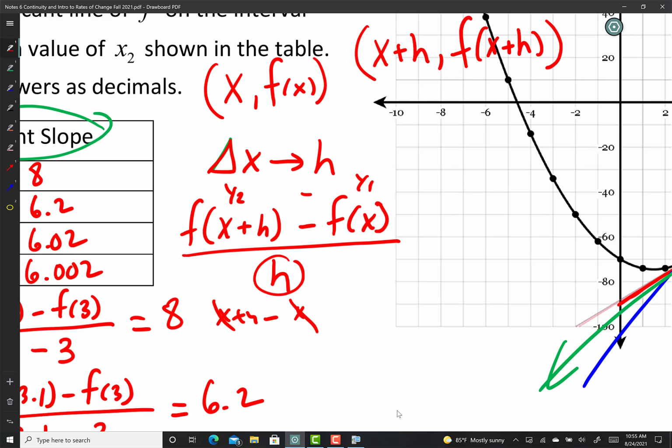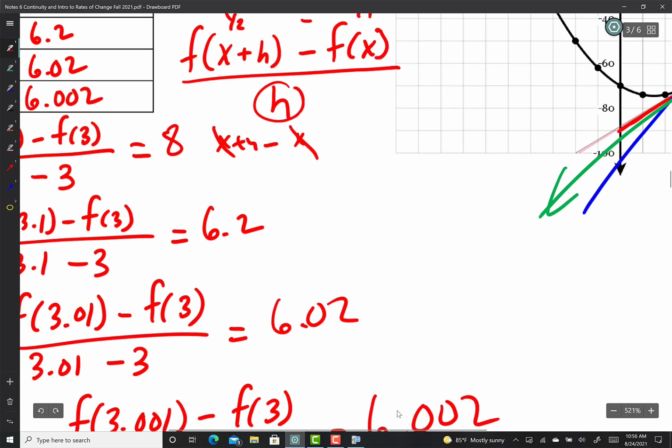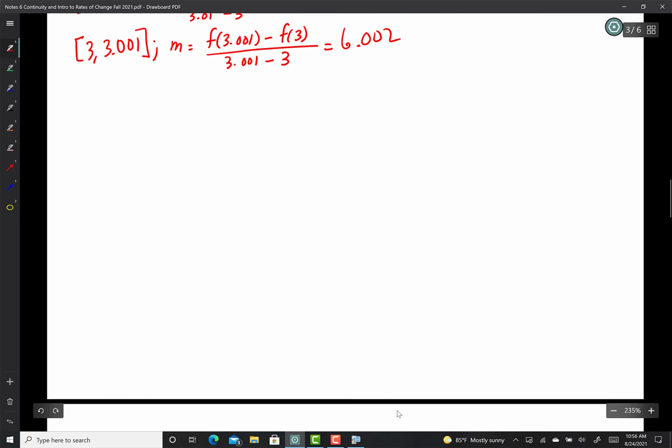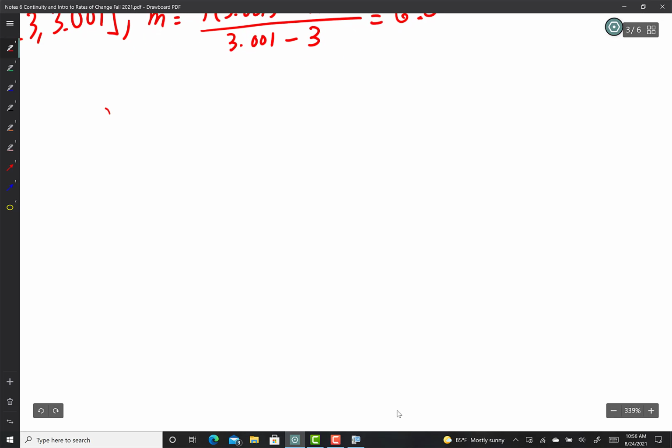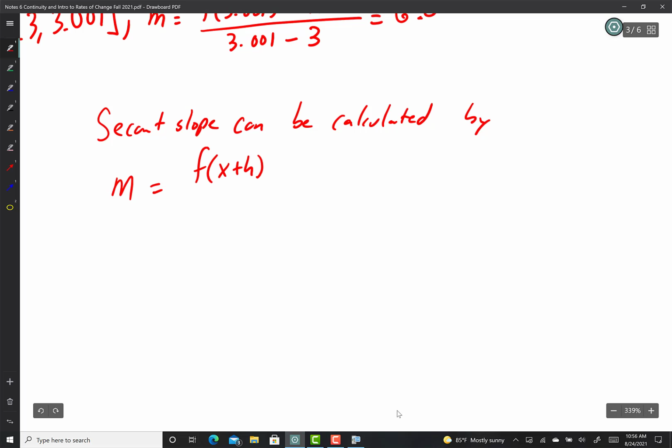Okay, I'll slow down because I want to make sure that we really got that down. I'm going to say it again. I'm going to write it right here in the blank space. So my secant slope can be calculated by slope f of x plus h minus f of x over h, where h is just change in x.